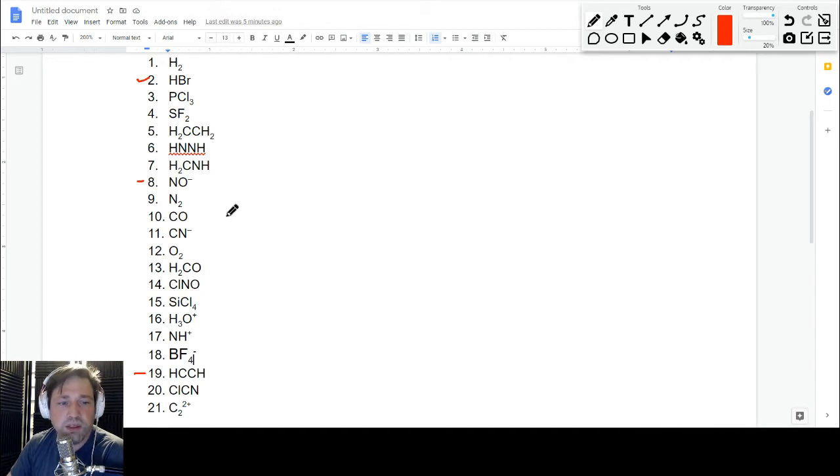All right. So in this case, here we have NO minus, right? So this is an ion, NO minus. So this entire thing is going to have a negative charge. Okay. Let's just go through the process. So we know there's going to be nitrogen. We know there's going to be oxygen.